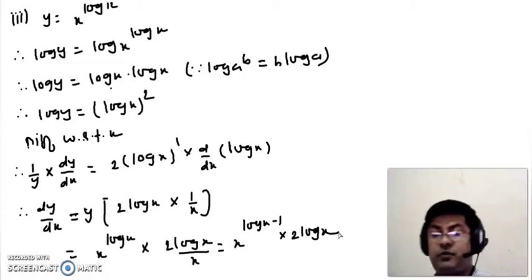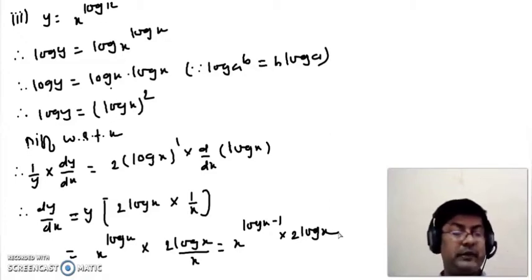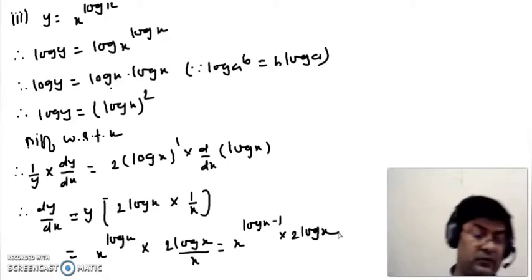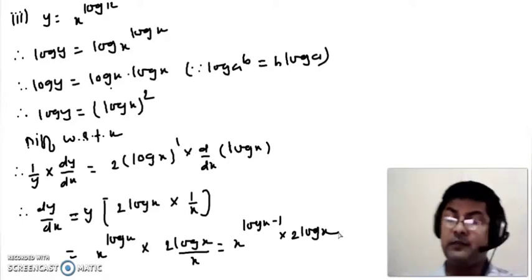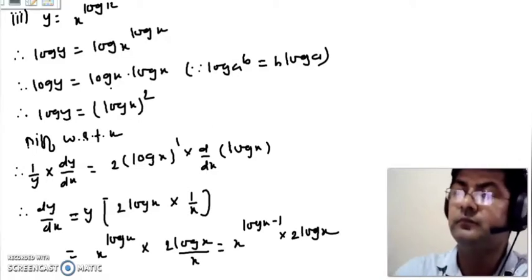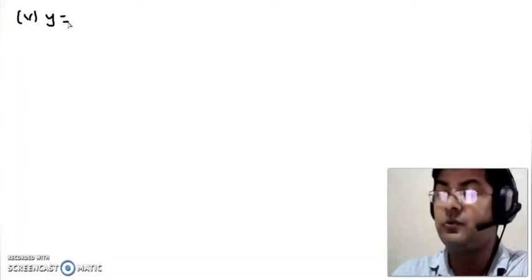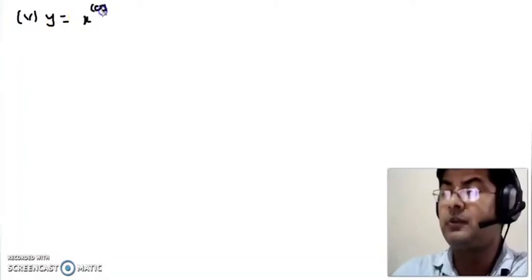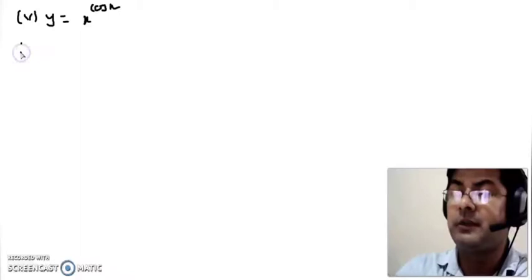So we have solved 1, 2, 3 and 4 of question number 4. Now let us solve number 5 of question number 4. We have y is equals to x to the power cos x. Let us apply log.